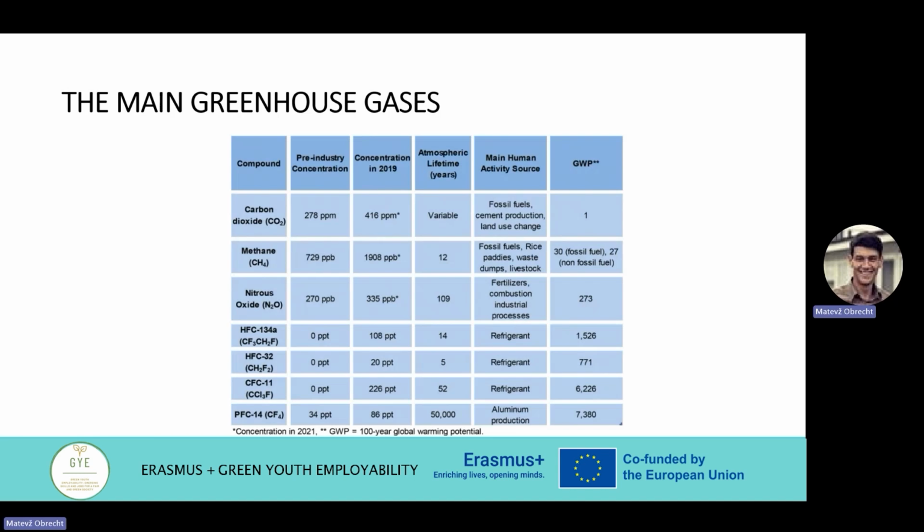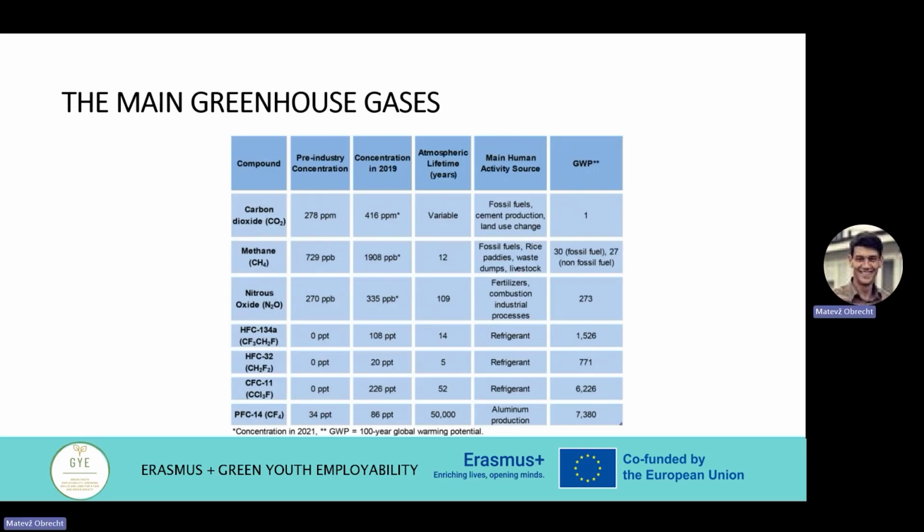And here below we have those refrigerants, so super GWP. You can see that it goes even up to 7,380 times higher than carbon dioxide. That means 1 kilogram of this gas causes the same impact on the environment as 7,380 kilograms of carbon dioxide.